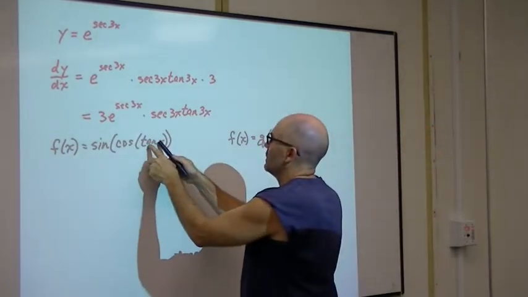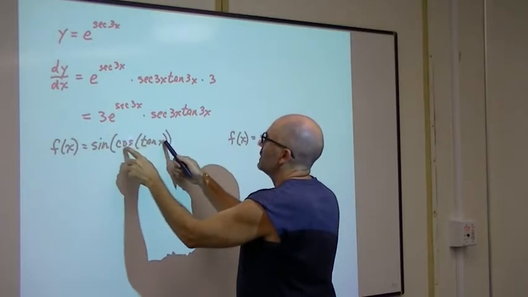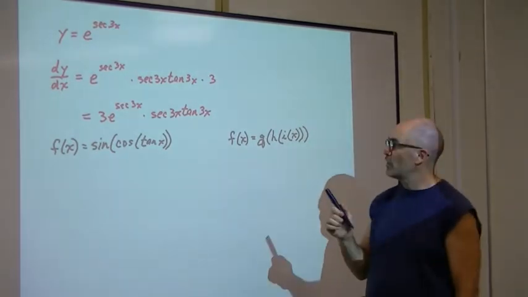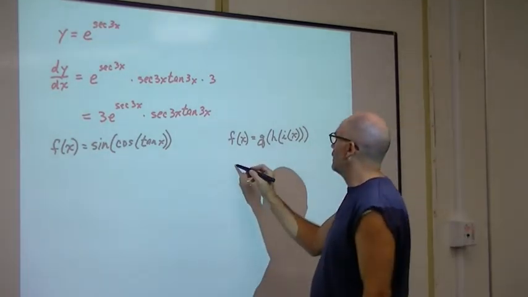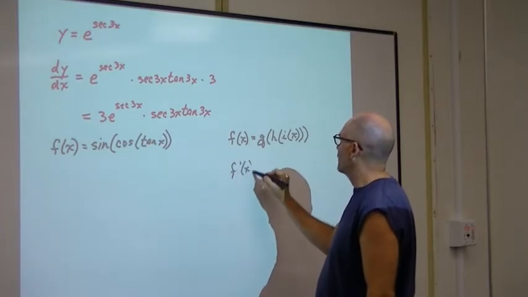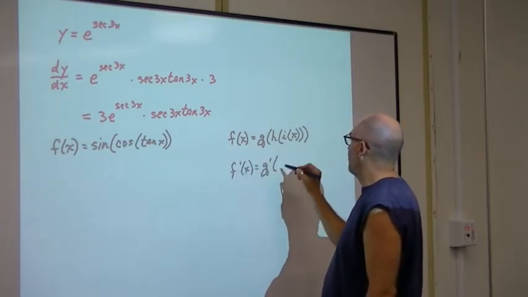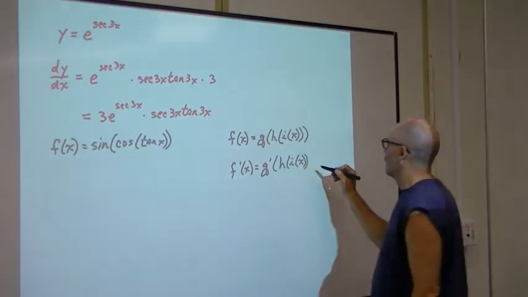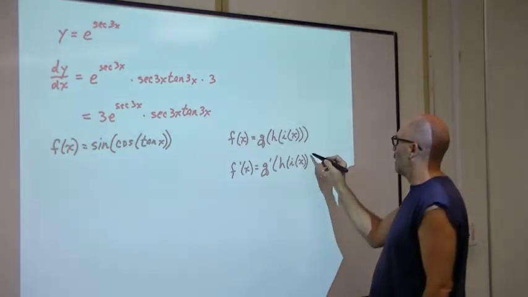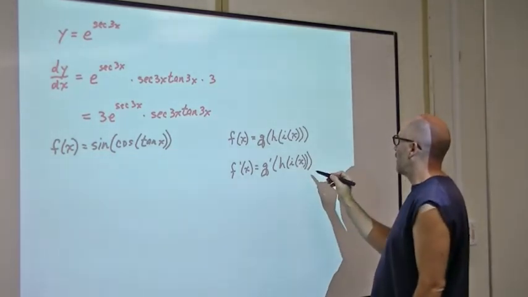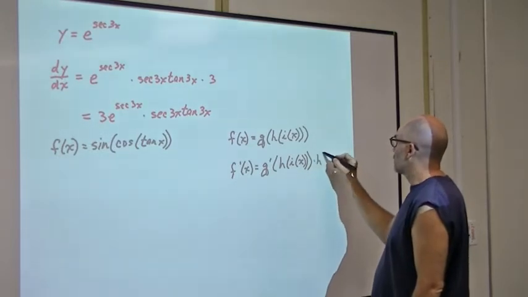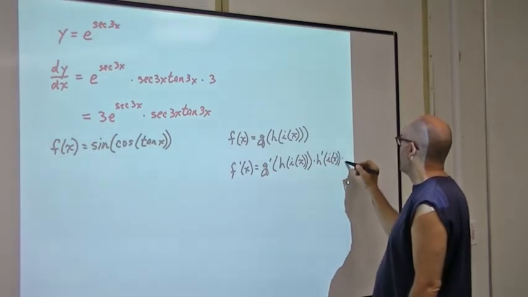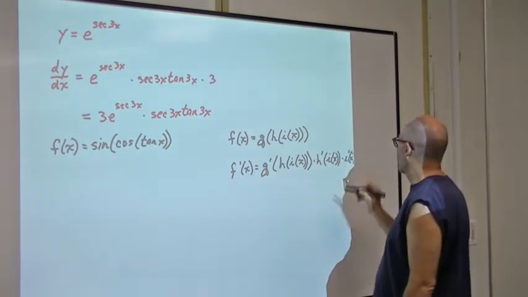It's a function within a function within a function. It's tangent x, but then we're taking the cosine of tangent x, then we're taking the sine of cosine of tangent x. So now when we want to do the derivative, f prime of x equals g prime of h of i of x times h prime of i of x times i prime of x.